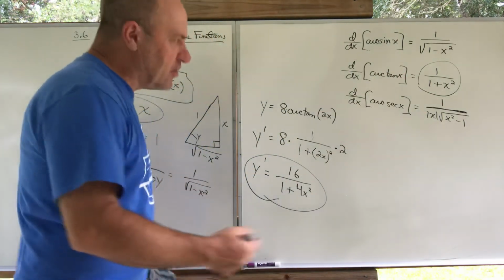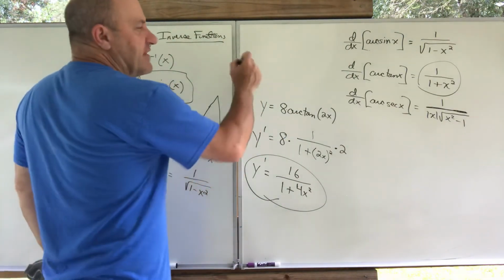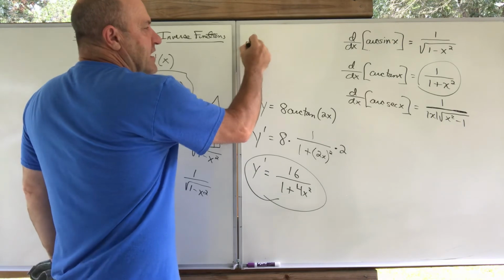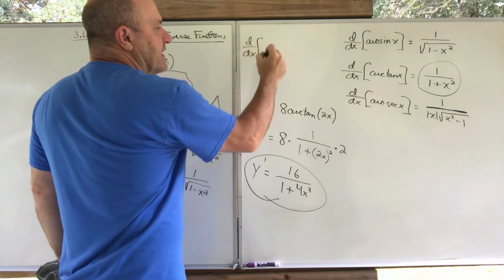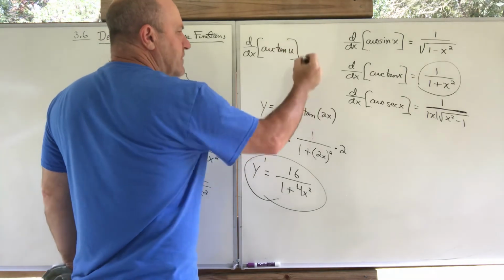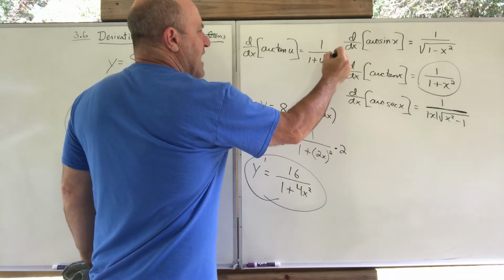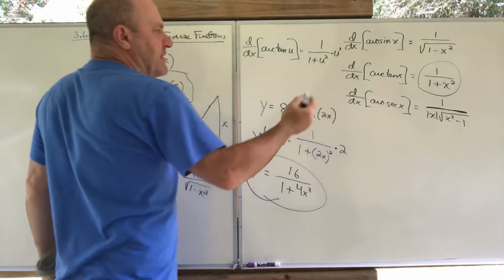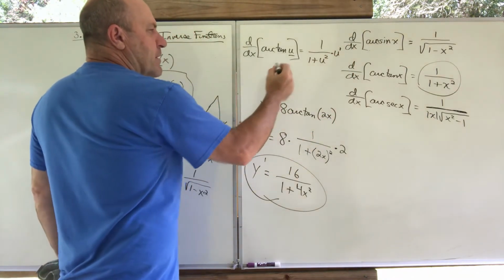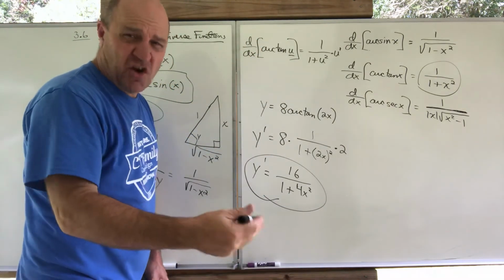But maybe you recall earlier that once you learn the chain rule, the book and maybe some teachers, they start to write the rule like this. If I wanted to write the rule like this, I would write the derivative of arctangent of u. And I would write 1 over 1 plus u squared times u prime. I mean, when we write u, but we take the derivative with respect to x, we're implying that the u is a function of x.